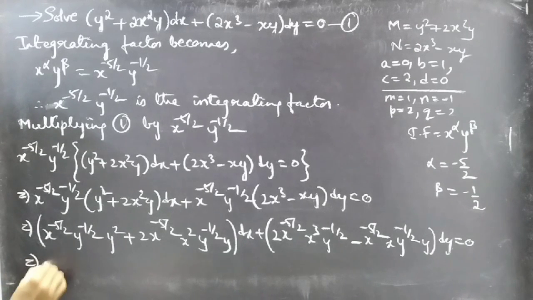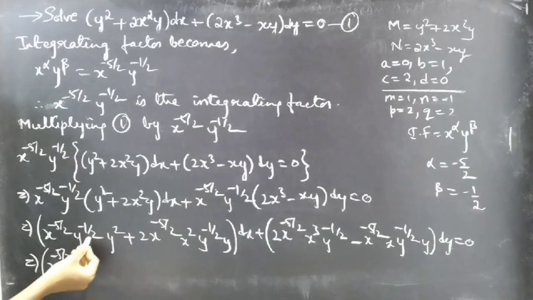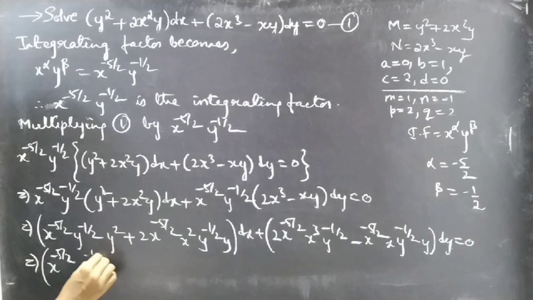Or x^(−5/2) into, we can write y^(−1/2) into y² as y^(−1/2 + 2), right?